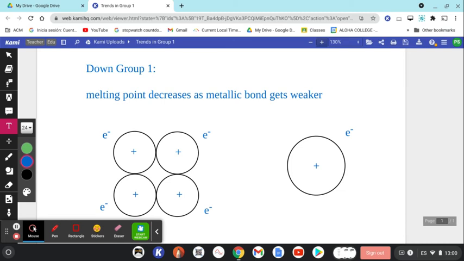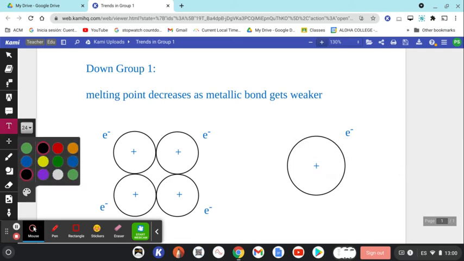As you go down the group, the ionic size gets bigger because you're adding more and more shells of electrons. Now, the bigger the ion size, the weaker the attraction between the nucleus, which is positive in the middle, and the delocalized electrons.